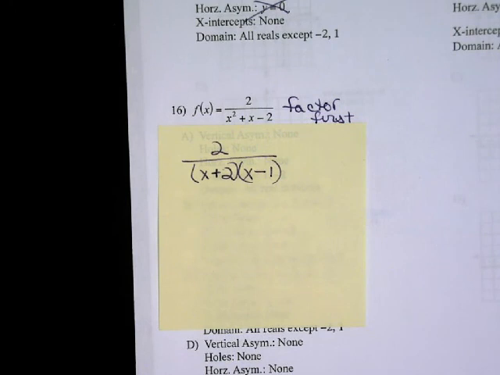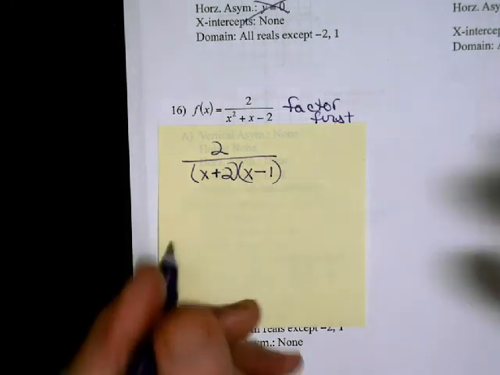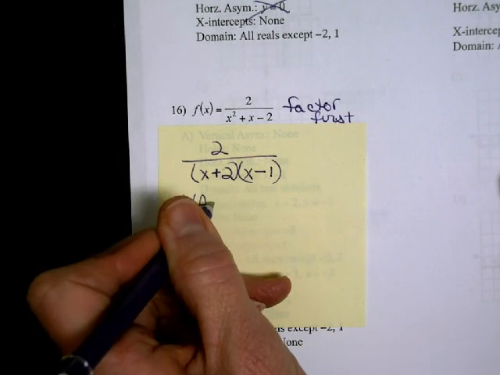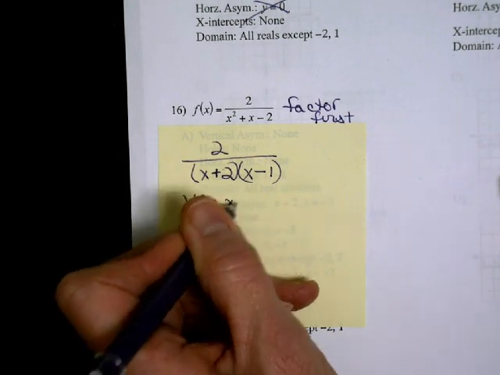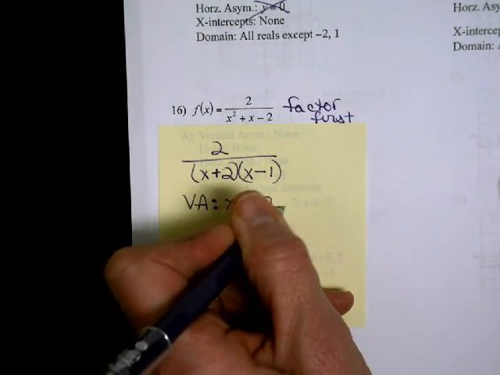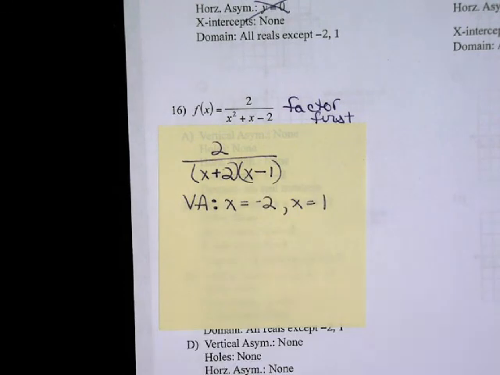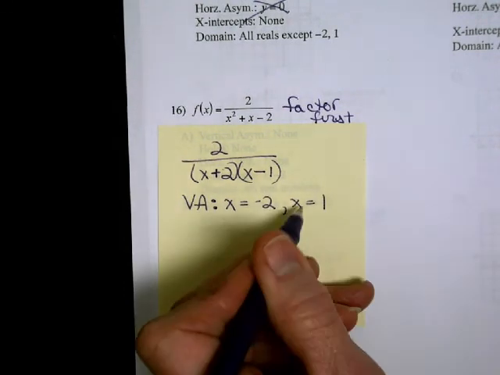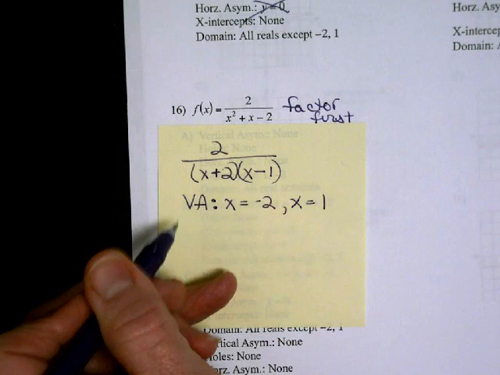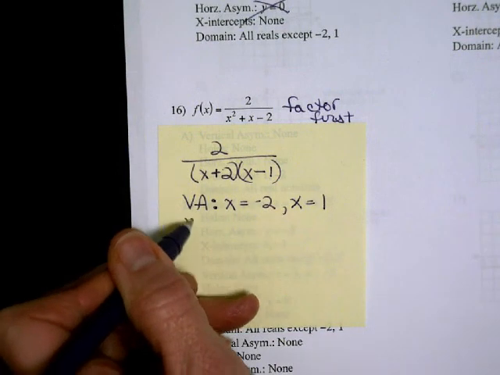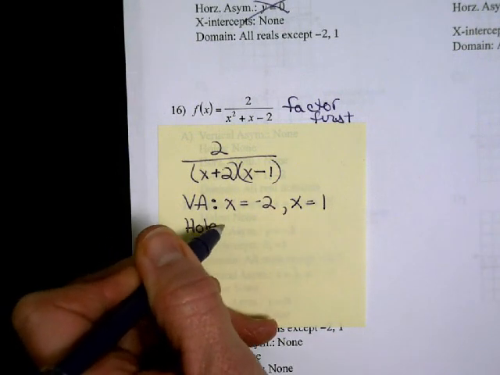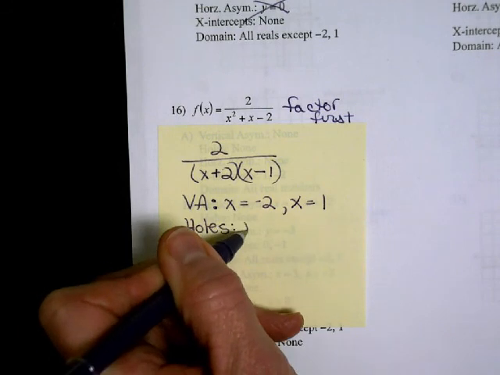The larger factor always gets the middle sign. Good job. Okay, now we're ready to talk vertical asymptotes. Yep, because they come from the denominator. Okay.